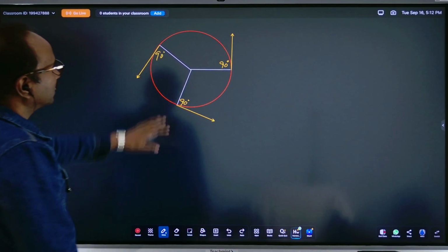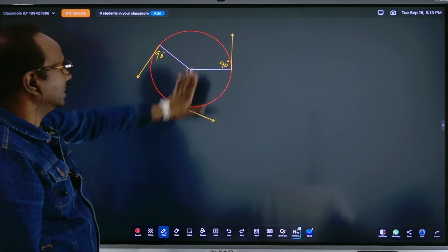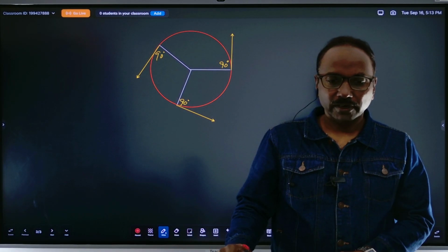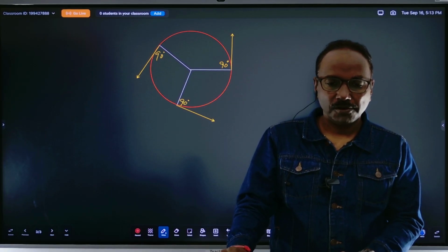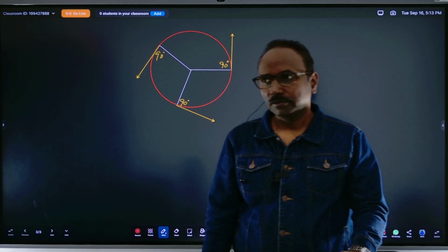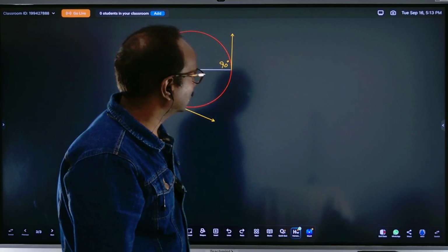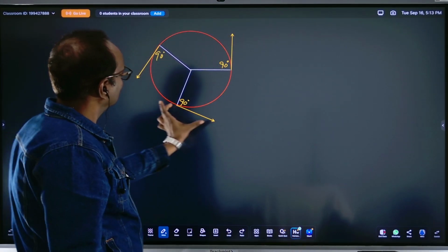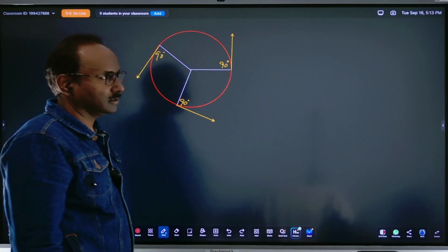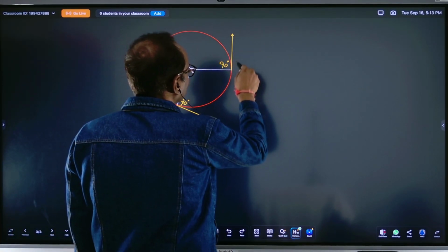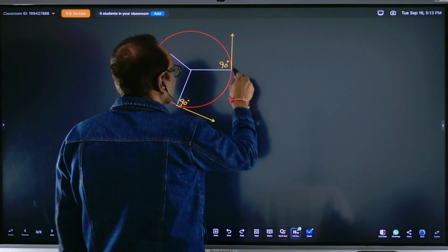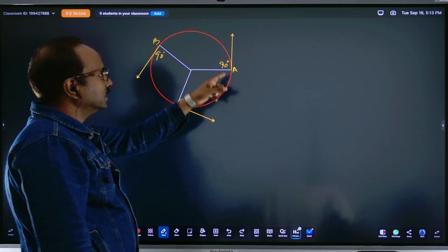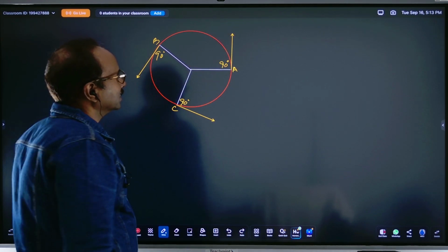They give only this diagram, nothing else. And they may ask you, what kind of motion is this? So you can use your ruler and measure the length of this vector. Let us define these points as A, B, C. So at A, this velocity vector's length is LA.